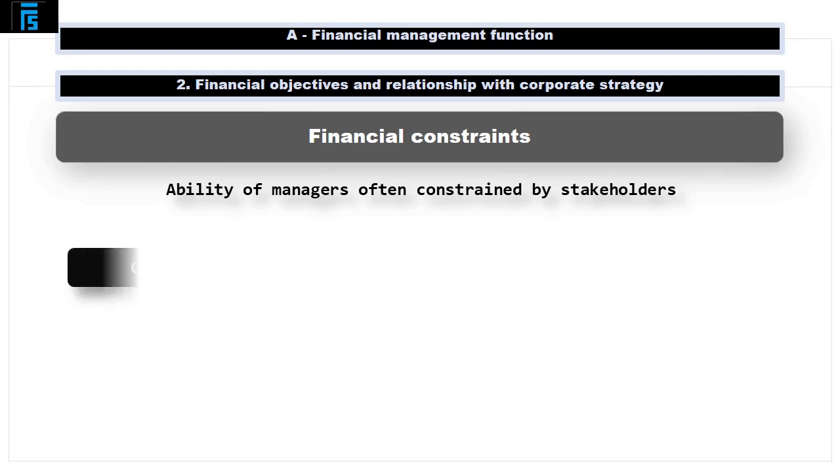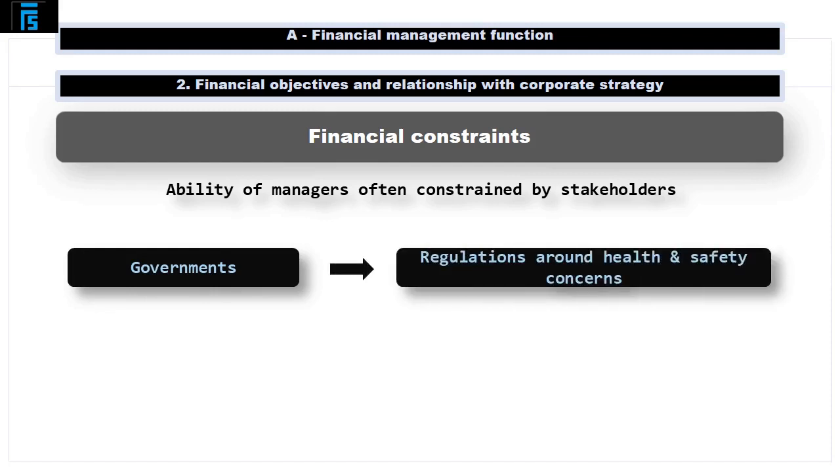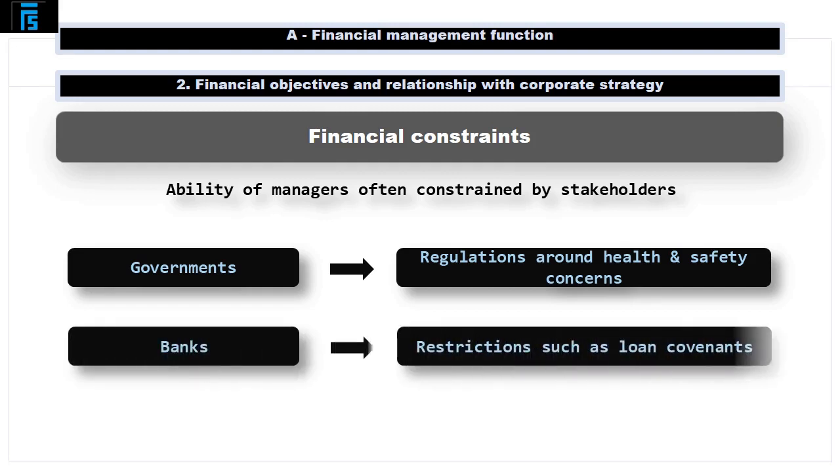Examples may include governments may impose regulations around health and safety concerns, or refuse to allow acquisitions if they see them as reducing competition. Banks may impose restrictions, referred to as loan covenants, in an attempt to ensure that loans are repaid.